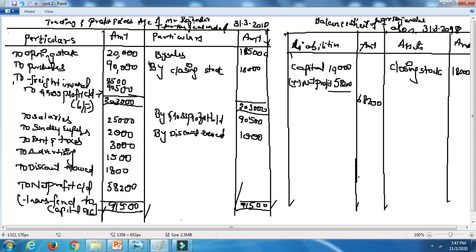Because the stock that is left over at the end, if it is continuing into the next year, it will become a current asset, isn't it? You are holding that stock, raw material and all, in your hands, so it is an asset for you. If it is carrying into the next year, that is the reason closing stock comes twice. Okay, so what's the next one?